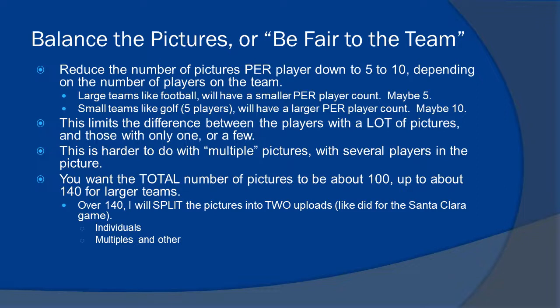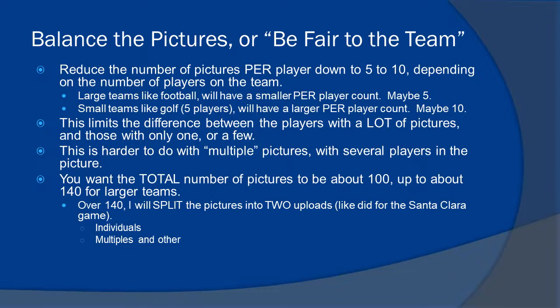There you would have a larger per player count, maybe 10. So while golf may have 10 pictures per player, they would only have 50 pictures in total compared to football, which let's say has 30 players times 5 pictures per player. You're up at 150 before you hit the multiples.